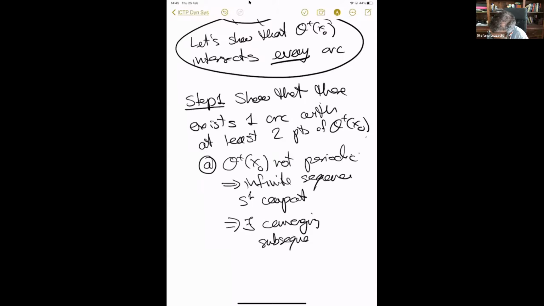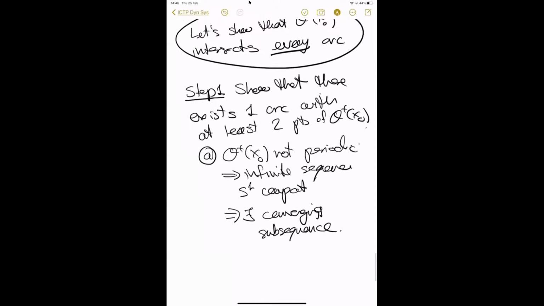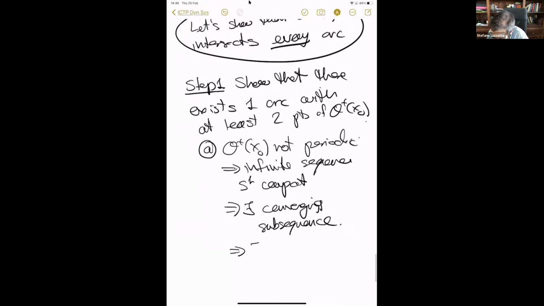This is what you meant, Eunice, right? Yes. And therefore there must exist some limit point. And so if there exists one limit point, it means there are points of the orbit that are arbitrarily close to that limit point.